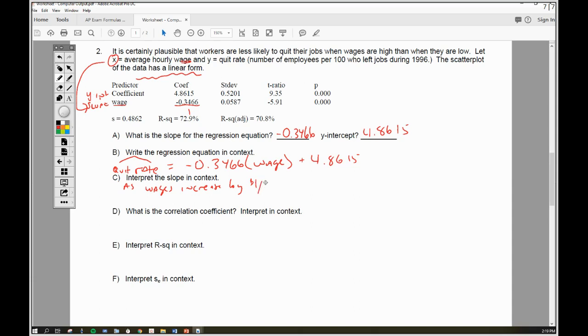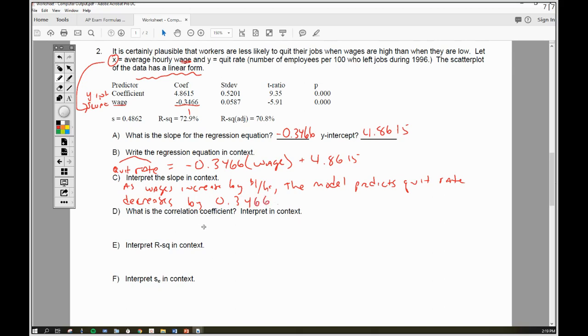So $1 per hour. Quit rate. Oh, wait. I did it again. The model predicts quit rate decreases by 0.3466.